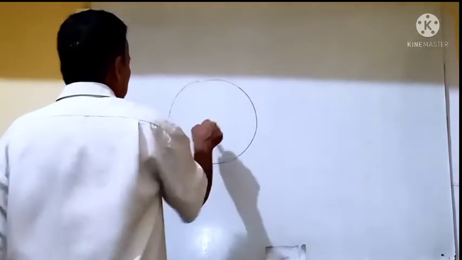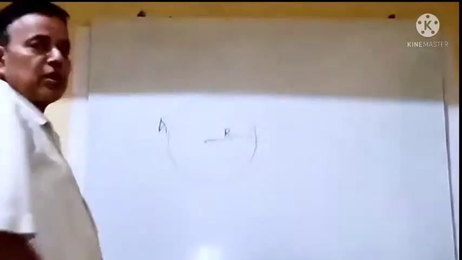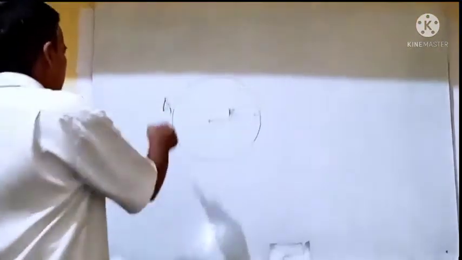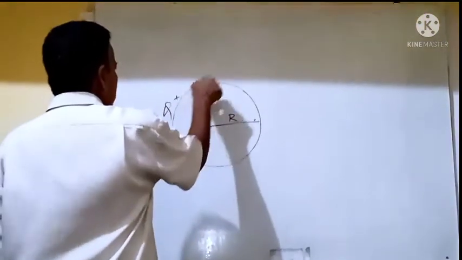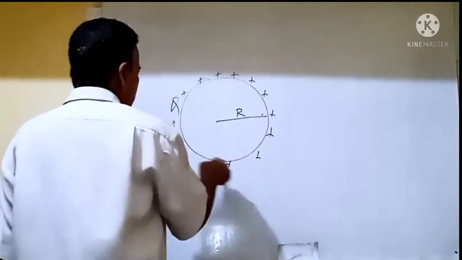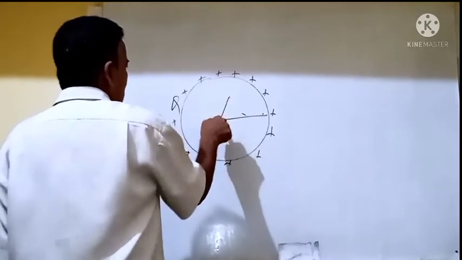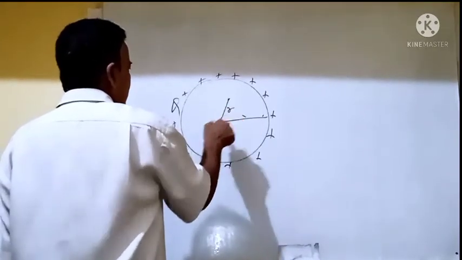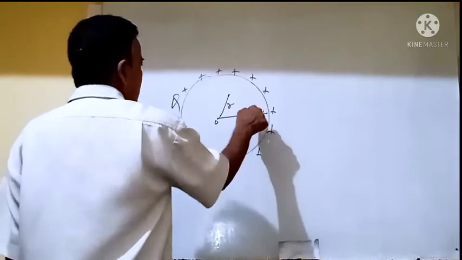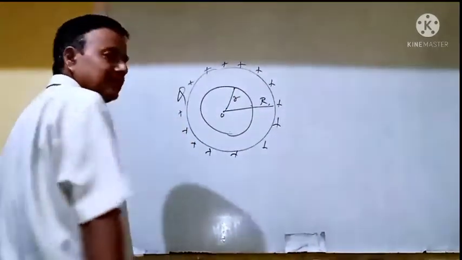It is a thin spherical cell whose radius is R and Q is the charge on its surface, and there is a point P inside the thin spherical cell whose distance from the center is a small r.